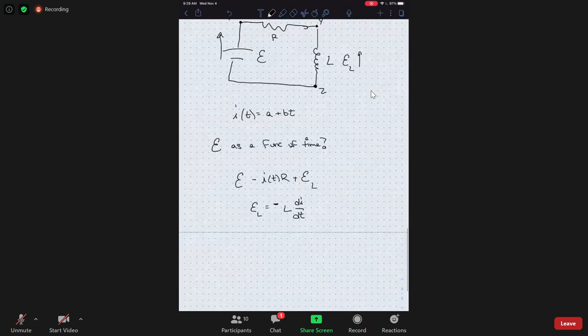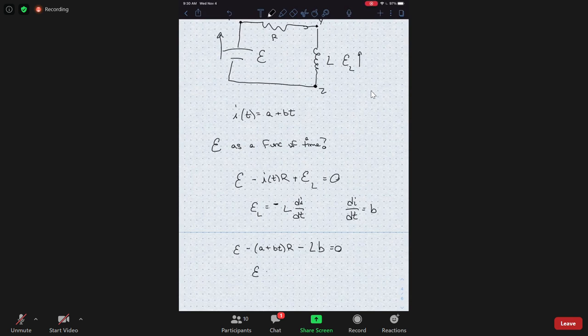Okay, so writing out this expression, this is equal to 0 because we're applying Kirchhoff's loop rule. And so we have epsilon, or E, minus (A plus B T) R, and now there's a minus sign, minus L dI/dt, right? dI/dt in this case is just the derivative of this function up here, which is just B. It's just a constant B. So minus L B equals 0.